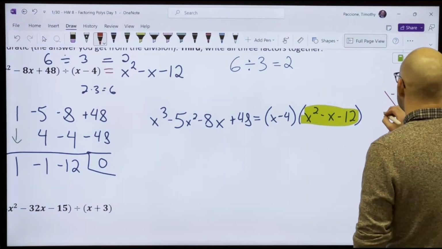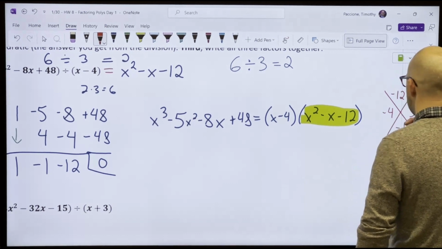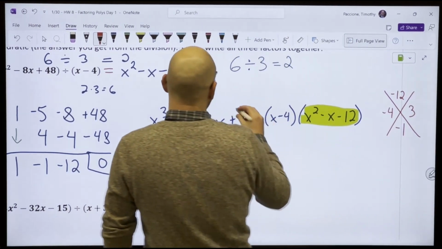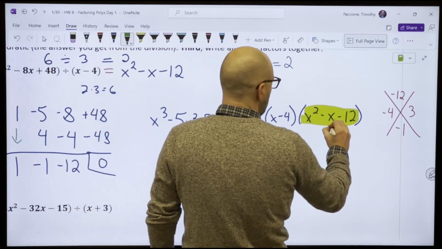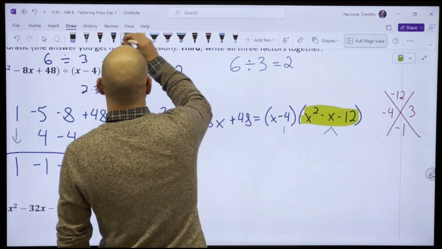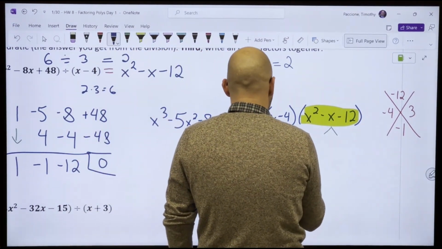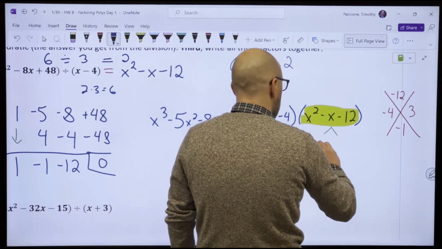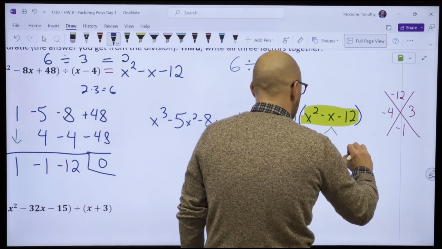Negative 4 and 3. Right? That multiplies to give me negative 12. It adds to give me negative 1. Right? So this part now breaks into two pieces. This just comes down, and I get x minus 4, x minus 4, and x plus 3.